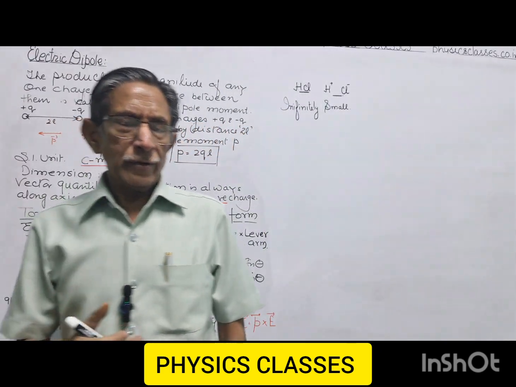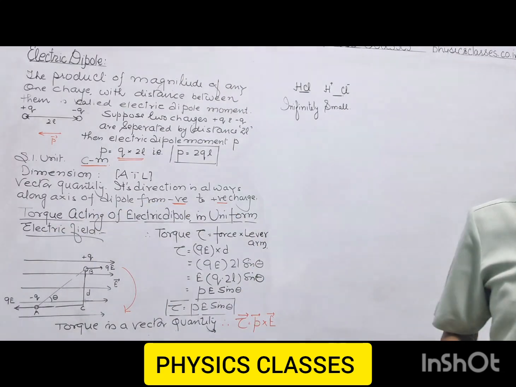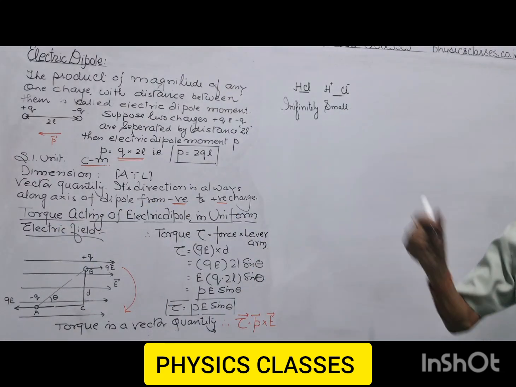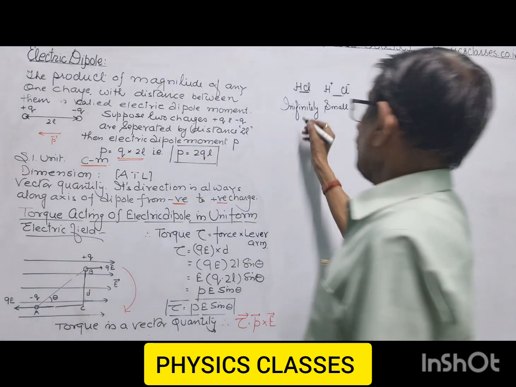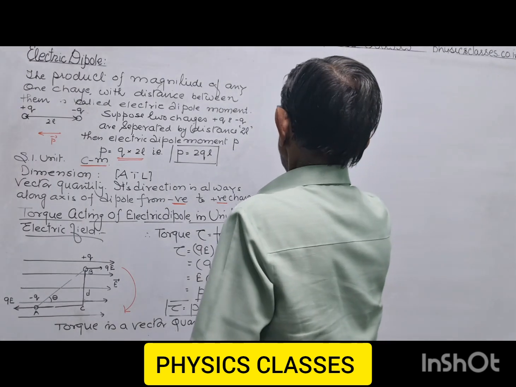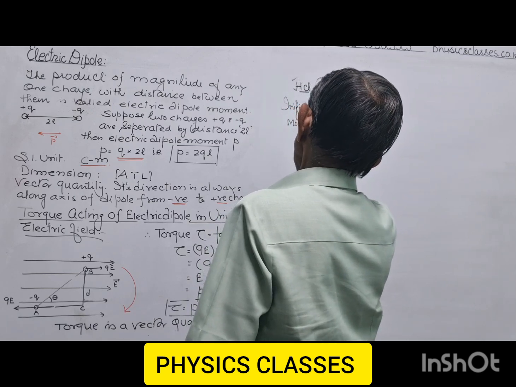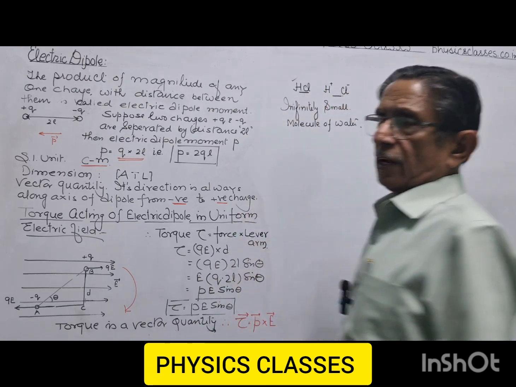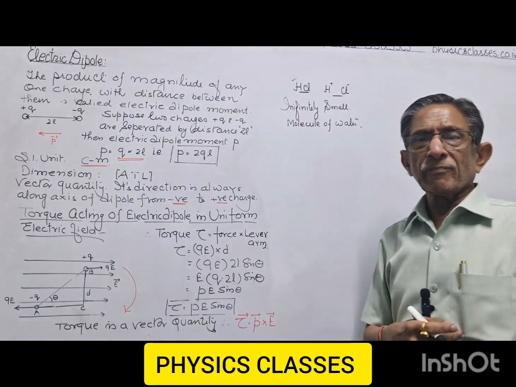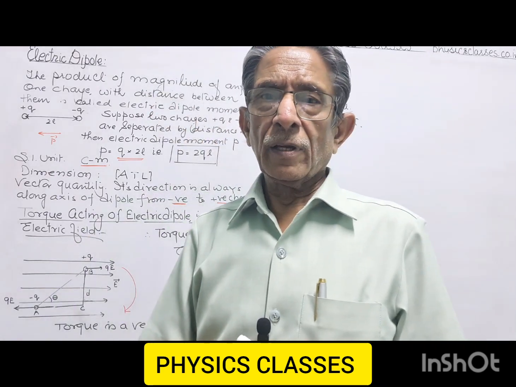When two charges are separated by infinitely small distance, then the dipole is called ideal dipole. For example, molecule of water, molecule of HCl, these are the examples of electric dipole.